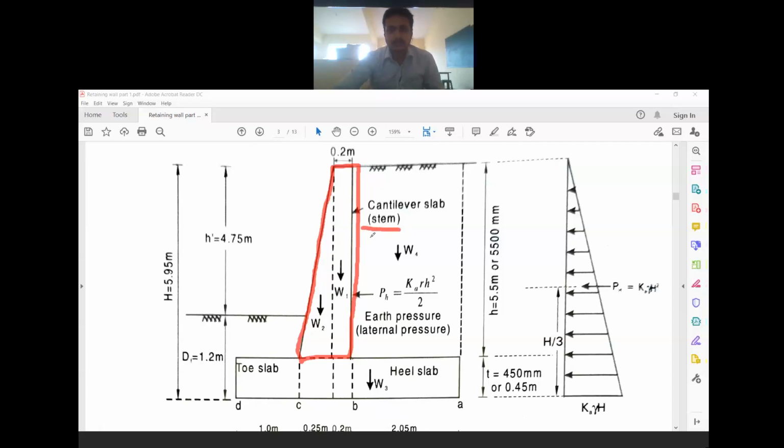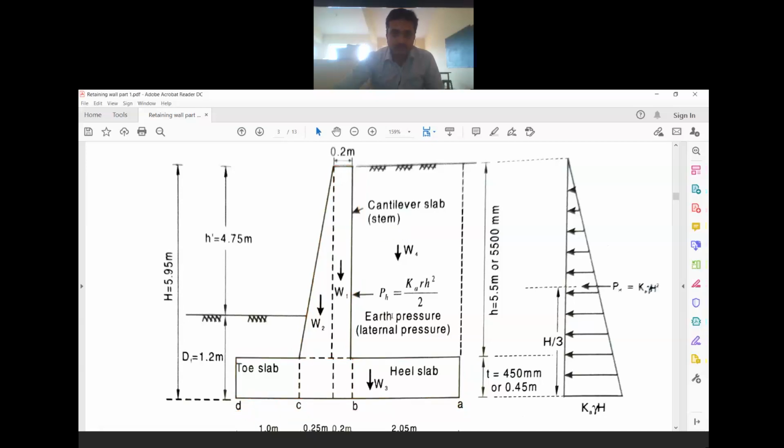Okay, we call this portion the stem, and we have the base slab. In that base slab we have different partitions. At the front we call this part of the base slab the toe slab, and at the back, where the soil will be, that side we call the heel slab.